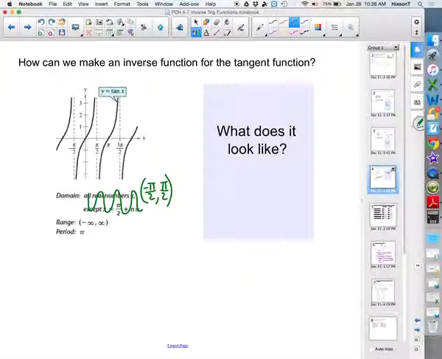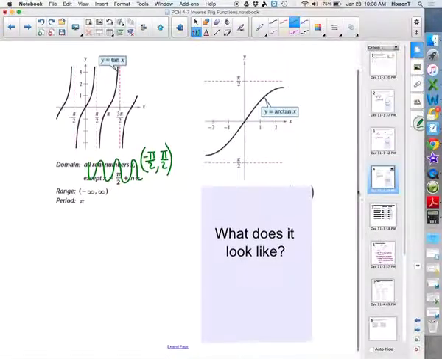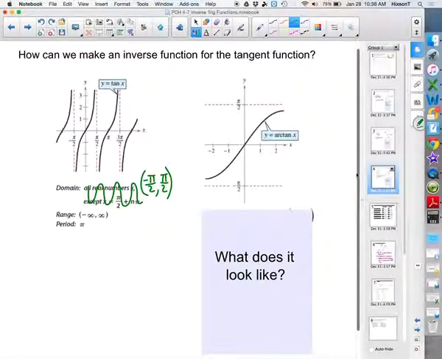So let's look at this. Notice I have vertical asymptotes here. Those are going to become horizontal asymptotes. And notice what I've got. I've got horizontal asymptotes at pi over 2 and negative pi over 2. But it goes forever in both directions. So my domain for the inverse tangent is what?